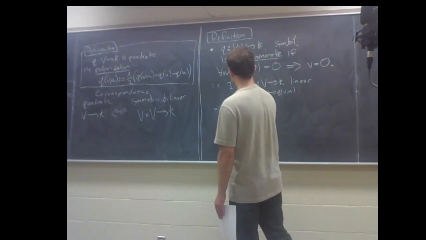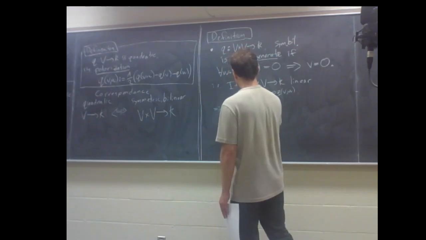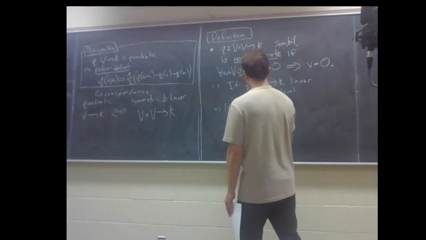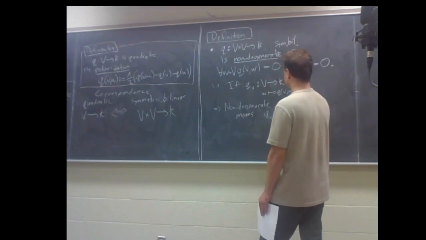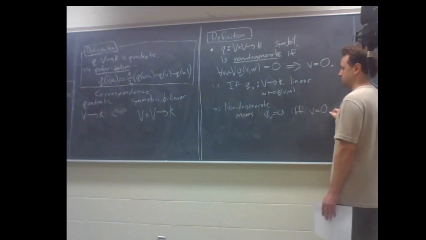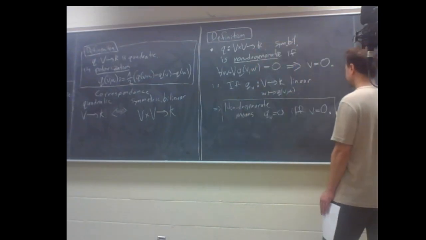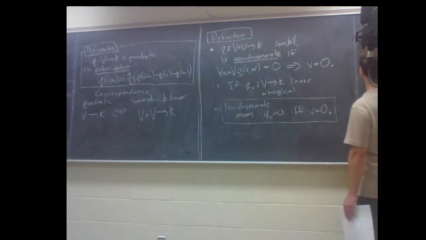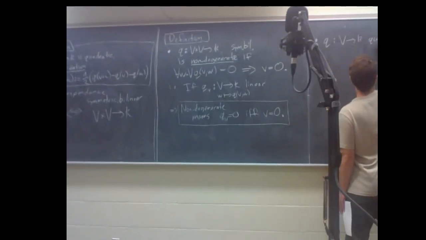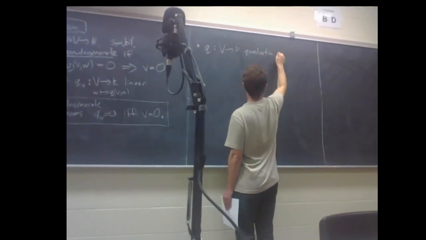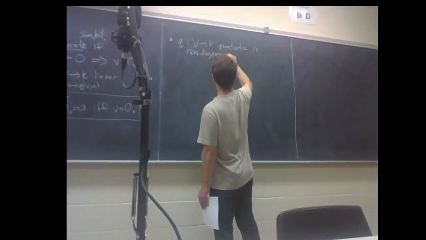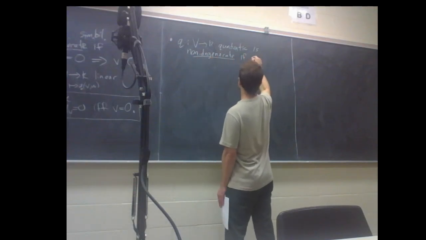then non-degenerate means Q_V is the 0 operator if and only if V is the zero vector. So this is what we mean by non-degenerate. And if we have a quadratic form, we define this to be non-degenerate if its polarization is.